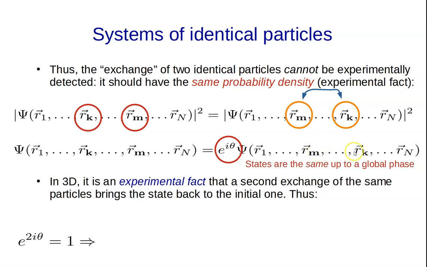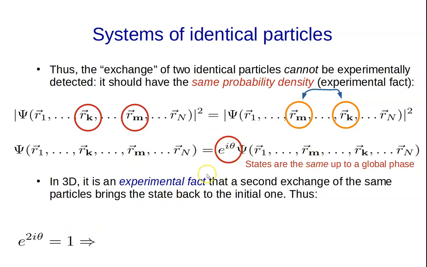Because if you do a series of exchanges and you go back to the original ordering, particle K, position Rk, particle M, position Rm, the overall phase should be 1.